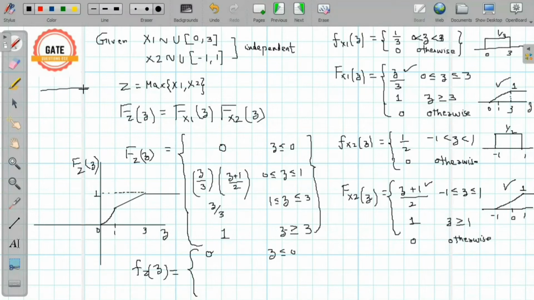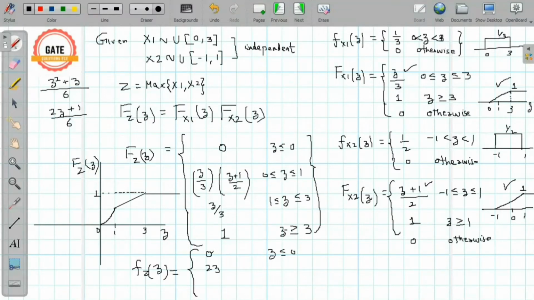So it will be, in denominator it will be 6, and in numerator it will be z square plus z. So differentiation of this function will be 2z plus 1 divided by 6. So this is the PDF in this range for z greater than equal to 0 less than equal to 1.